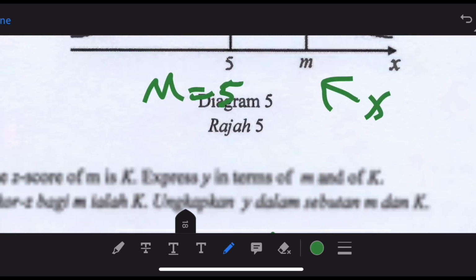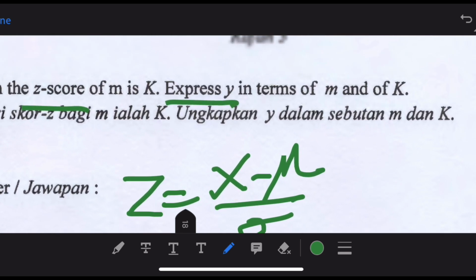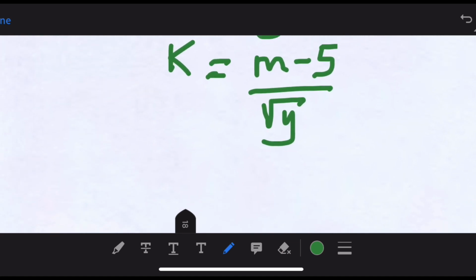So then you have to substitute into the z score formula. This formula can be referred from the formula list. So we just substitute all the information into the z score formula.